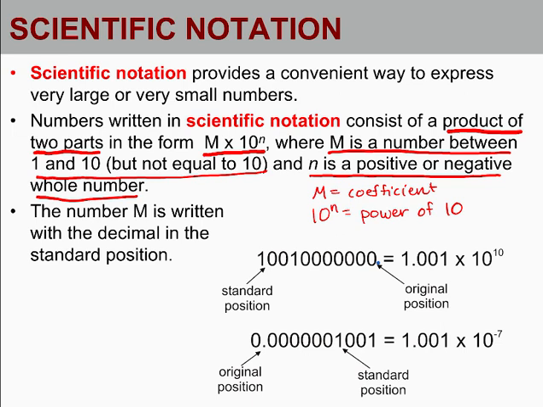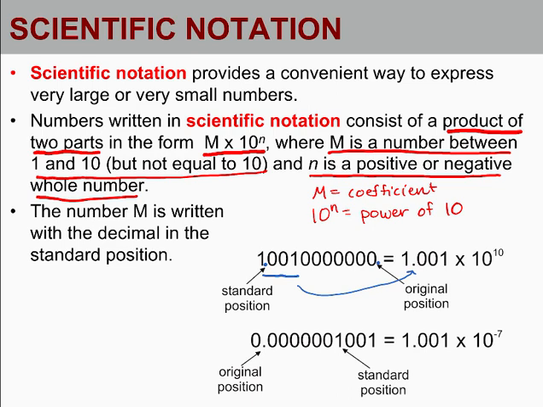Now, if m is supposed to be a number between 1 and 10, then we want the new position of the decimal point to be after the 1. So that is our standard position. And then we're just going to write out 1.001 as our coefficient.